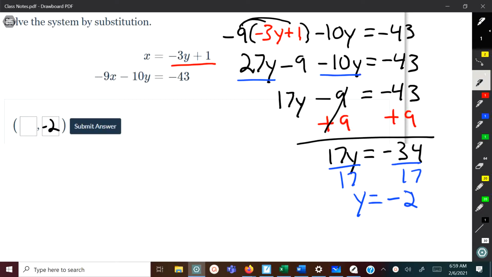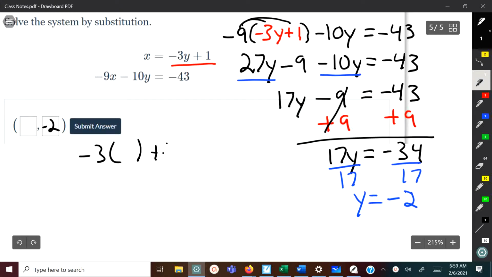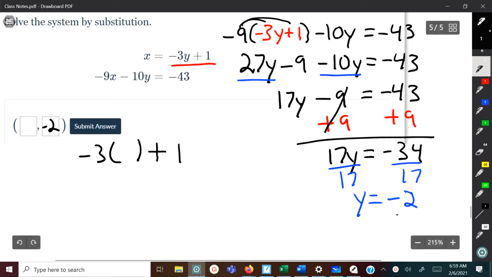Now we're going to take that and plug it in here to figure out what x is. So I've got negative 3 times y plus 1. Now I'll plug in my y, which I know is negative 2, right here.